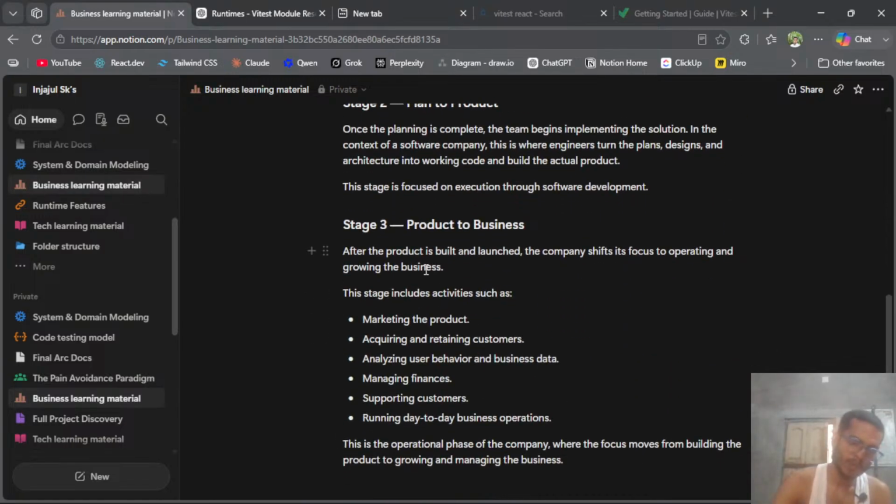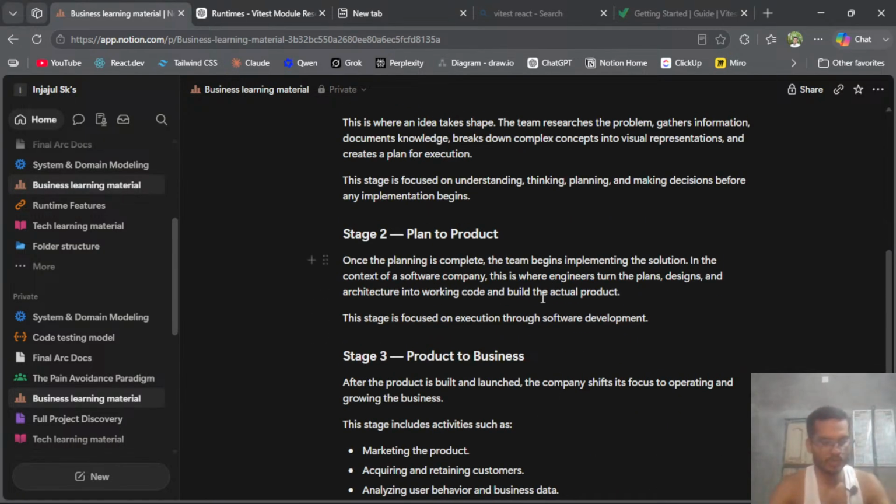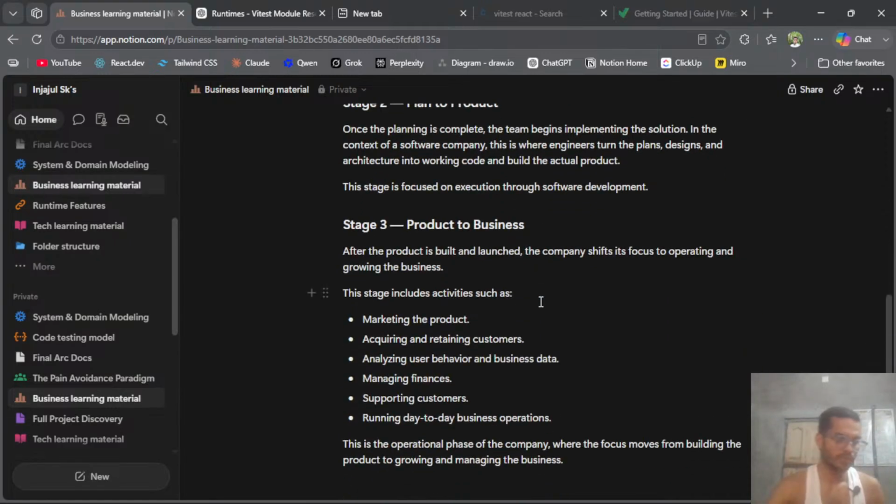And then we have product to business, which means once you have a real product and you launch it, after launching you need marketing, customer support, finance, and HR. This is another type of issue.